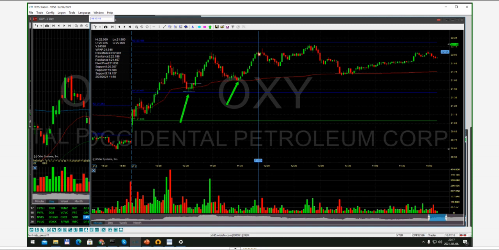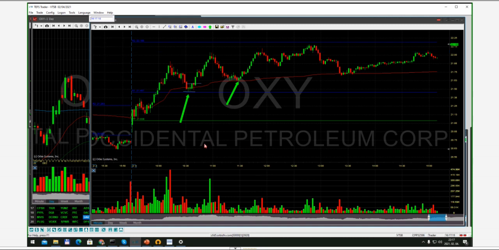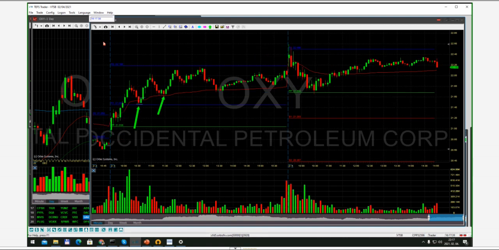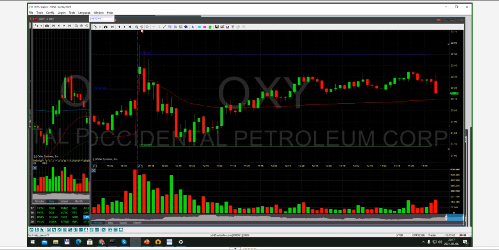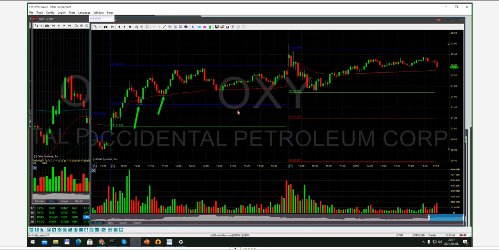Okay, so I would say that this Oxy was really the best reversal play yesterday. And as I told you, I like the first touch of the VWAP reversal best, because look at this. By the time it reached the third touch of the VWAP, I go to the 5 minute chart now, this was not that good anymore.